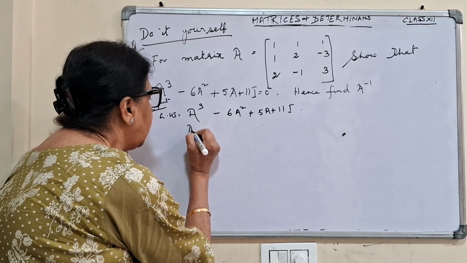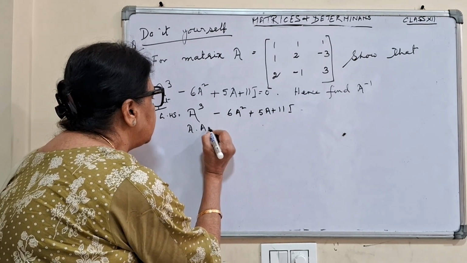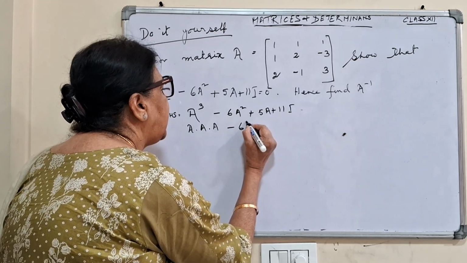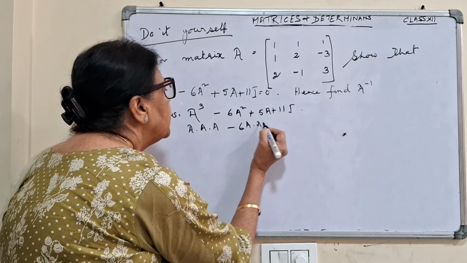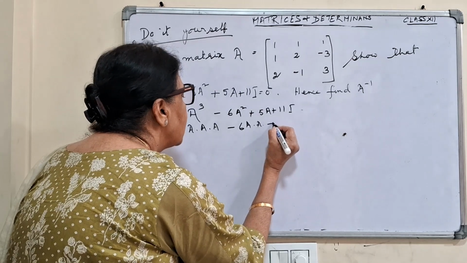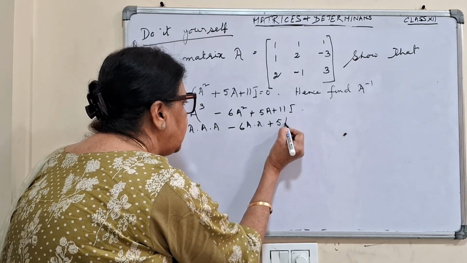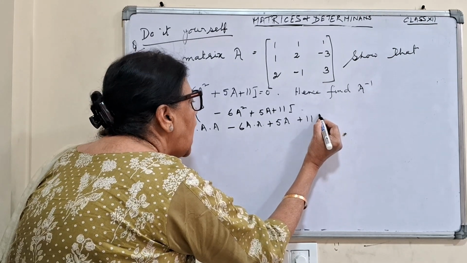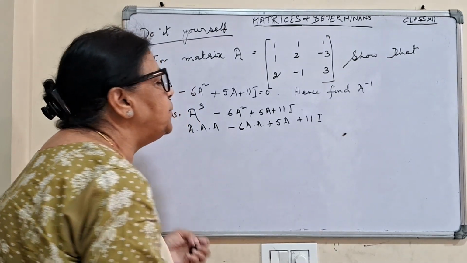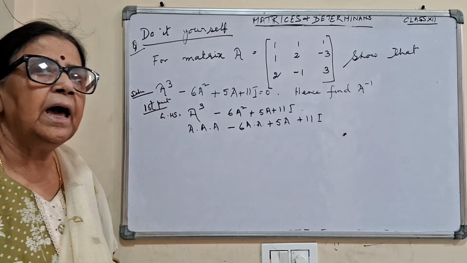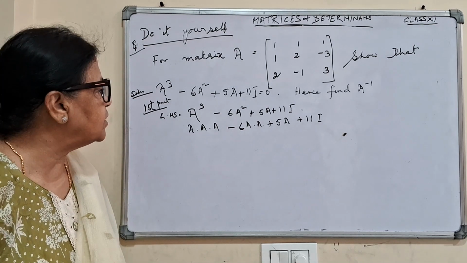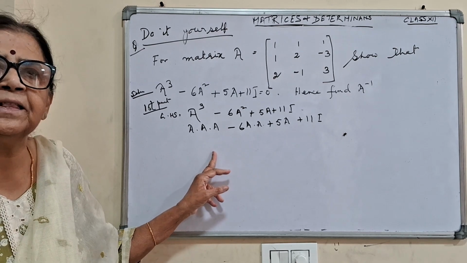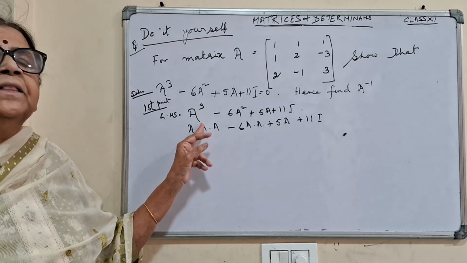You will write A into A into A for A cube, minus 6 A into A, plus 5 into A, plus 11 into I. I is the unit matrix of order 3. First you multiply these two, then you multiply these two.